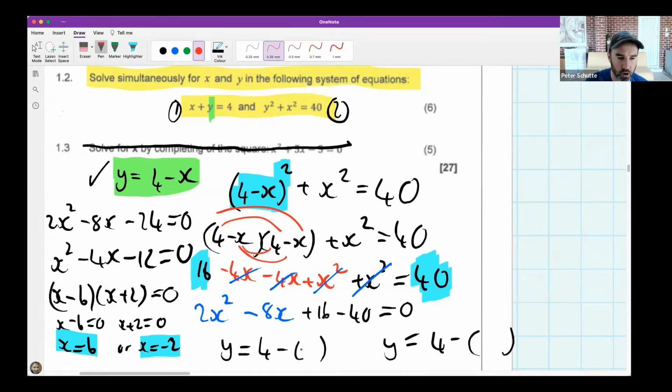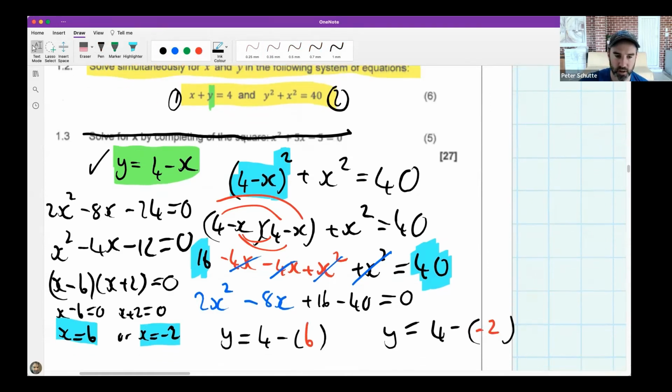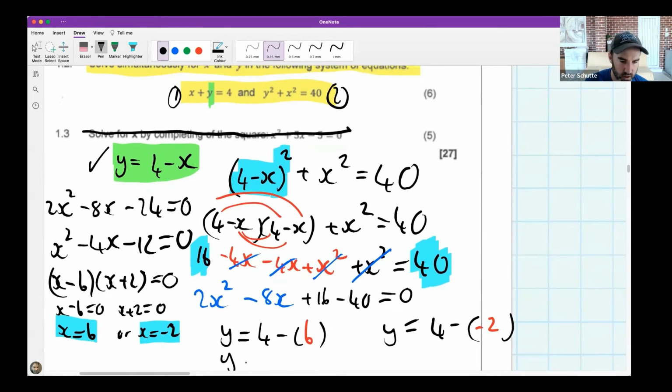Those are 6 and minus 2. And so what I should now get is y is minus 2 or y is 6. Those are my final answers for those 2.